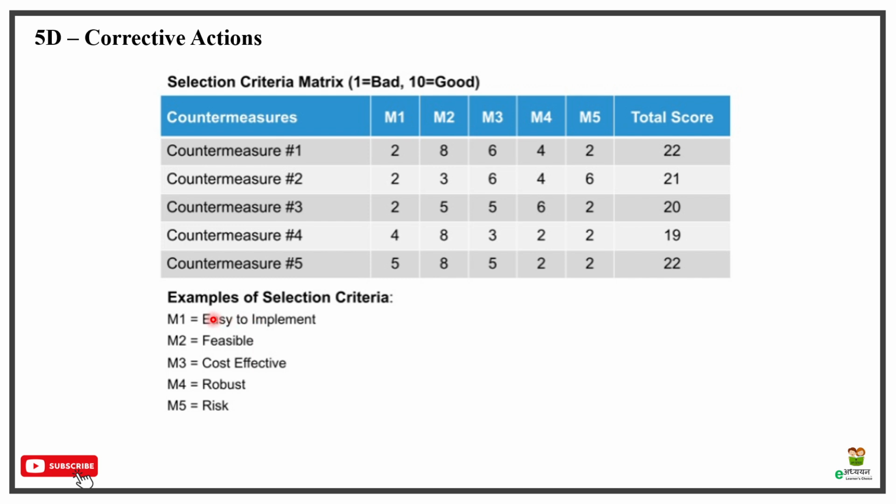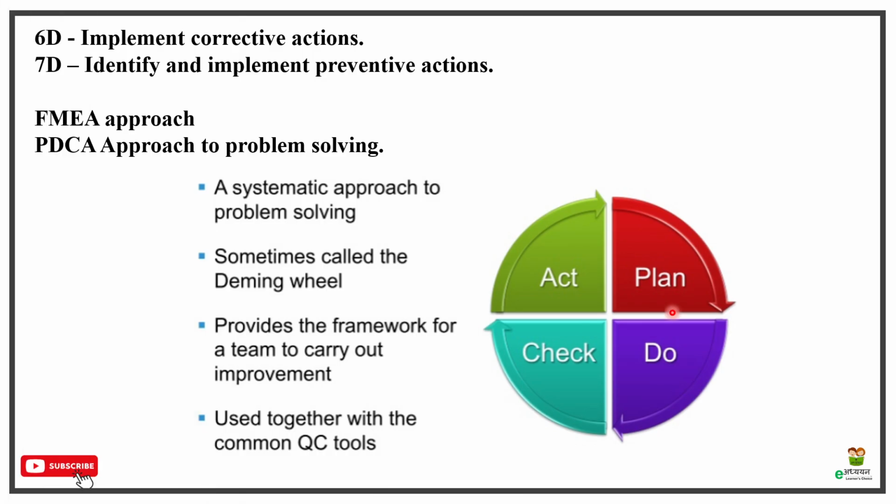Here you can see M1 is easy to implement, M2 is feasible, M3 is cost effective. Similarly, we can mention some selection criteria, and then we can give a score of 1 to 10, and then we can define a total score. And likewise, you can select the corrective action which is a very good one. Higher the score, we select the one with the higher score.